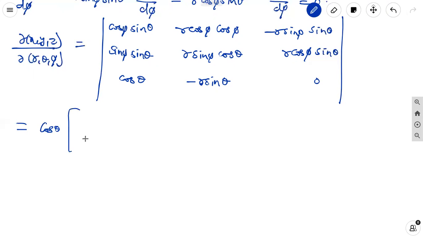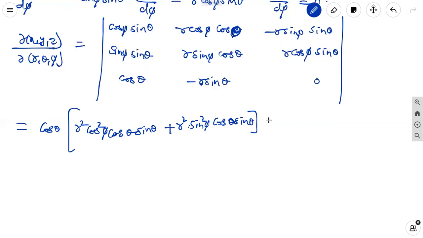So cos theta into elimination of row and column, r into r square, cos square phi, here it's not phi, it's theta, cos square phi, cos theta, sine theta, minus into minus plus r square, sine square phi, cos theta, sine theta, minus into minus plus r sine theta into elimination of corresponding row and column, r cos phi, cos square phi, sine square theta, minus into minus plus r sine square phi, sine square theta.